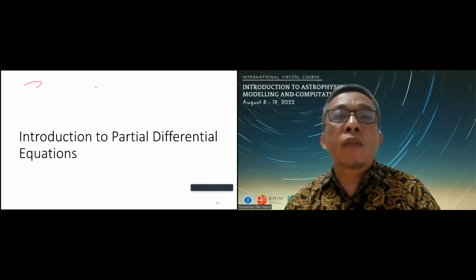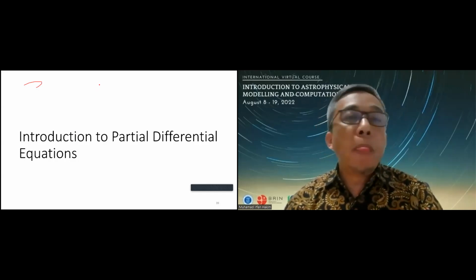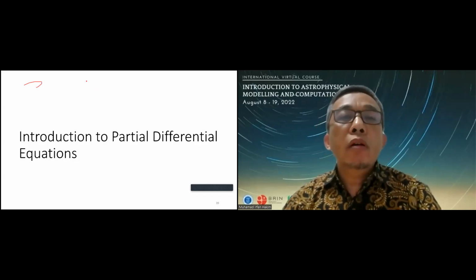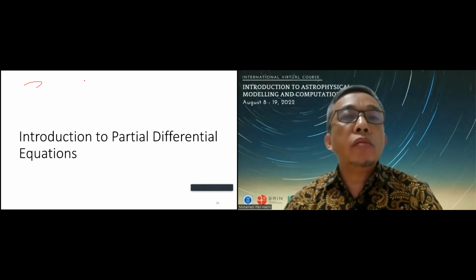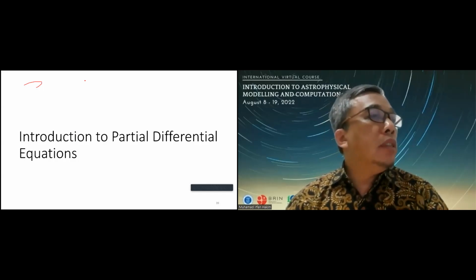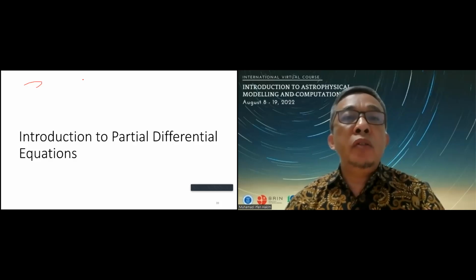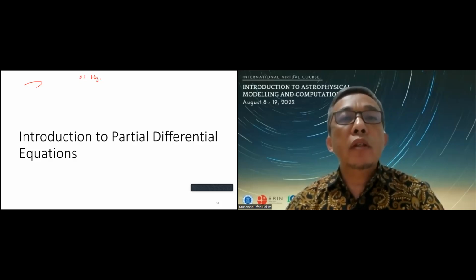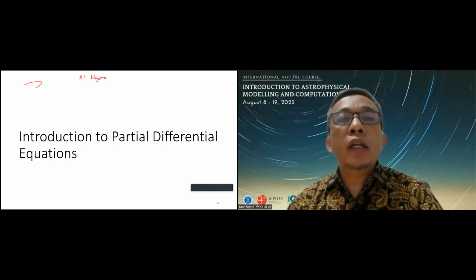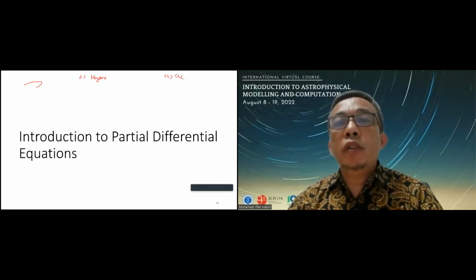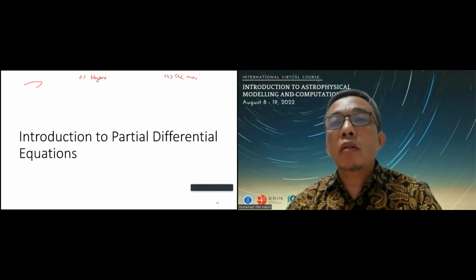As I mentioned before, the fundamental equations to describe the working of the universe are first hydrodynamics, and the second orbital mechanics.